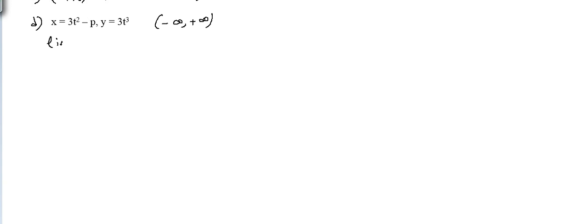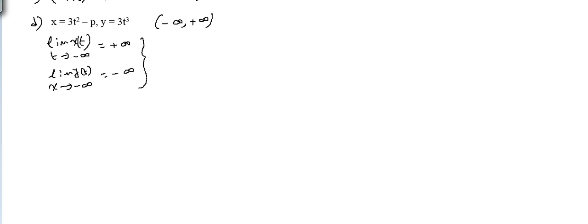Take the limit of x of t as t approaches negative infinity, which is positive infinity, and the limit of y of t as t approaches negative infinity, which is negative infinity. So positive infinity for the abscissa, negative infinity for the ordinate. It's from the southeast corner.